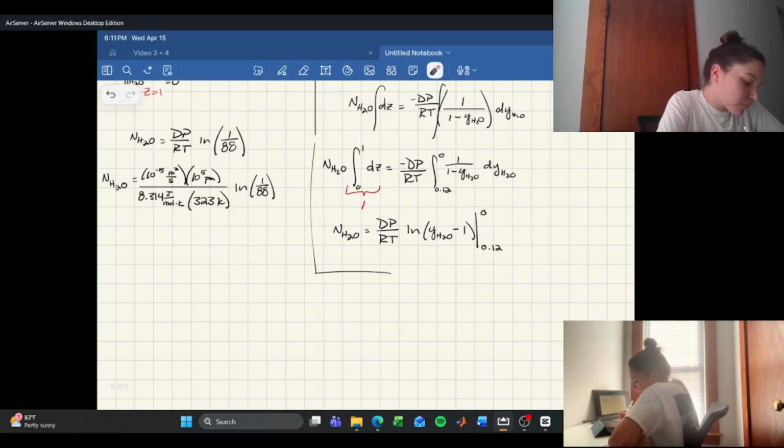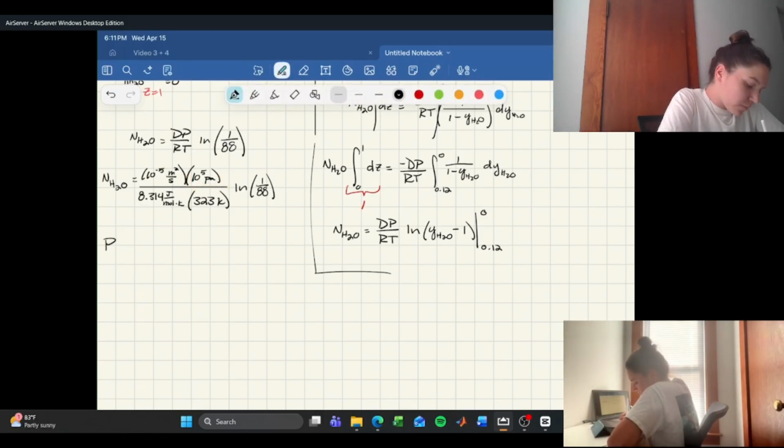So first, we need to fix the pascals. We have pascals is equal to Newton per meter squared. Newtons are in kilograms meters per second squared. And then we still have the meter squared in the denominator.